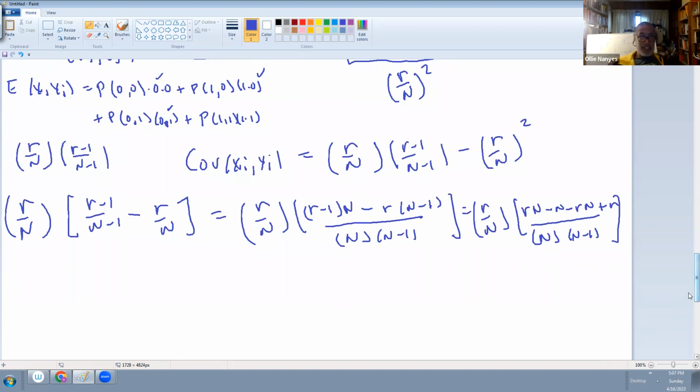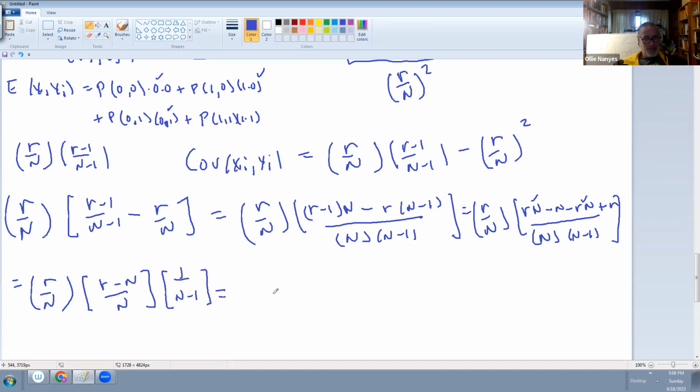Again, this is a covariance calculation. So we have this r over n. These two cancel. And then we have, this is an r. So it's going to be r minus n over n. Then we have the 1 over n minus 1, which will be useful a little later. r over n.